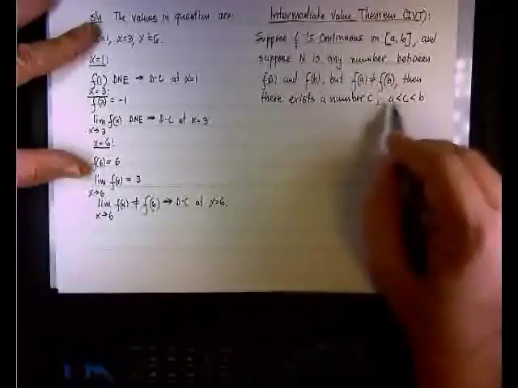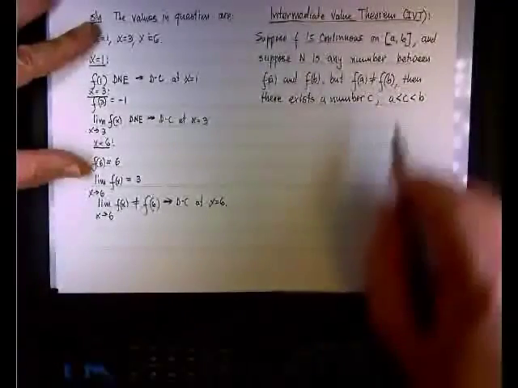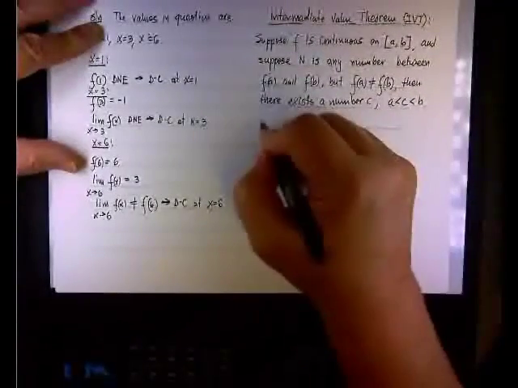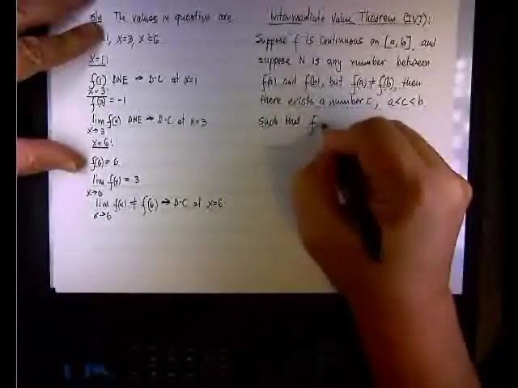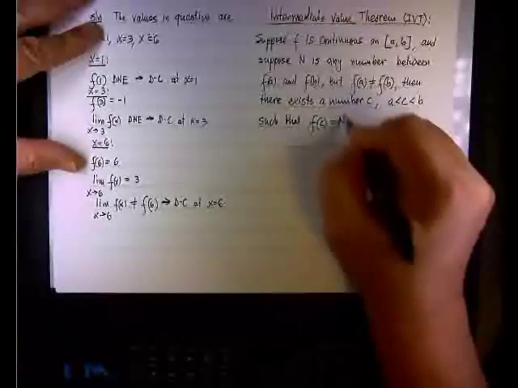Well, actually, let's assume that b is greater than a, such that f of c equals n.